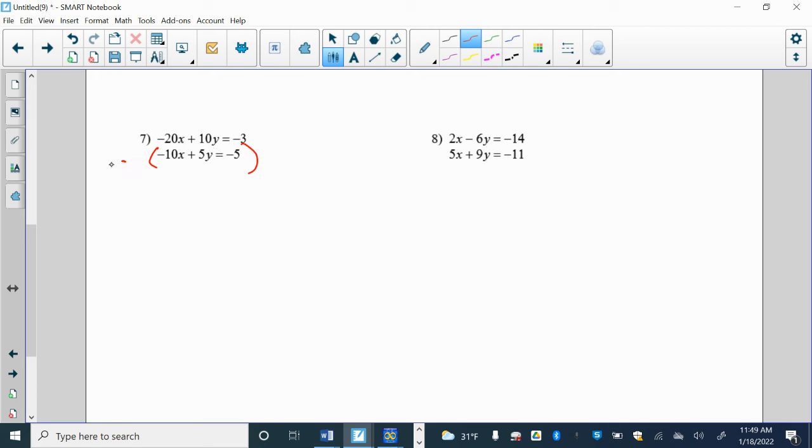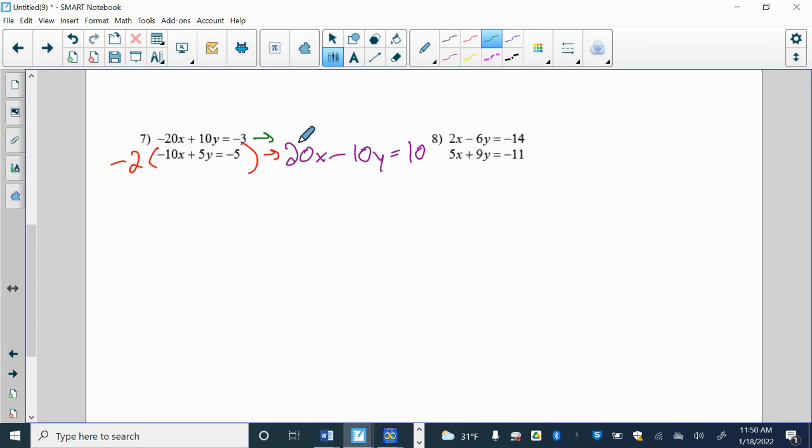Well, we'd have to multiply the bottom by negative 2. Let's multiply everything in the bottom equation by negative 2. So negative 2 times negative 10x, positive 20x. Negative 2 times 5y, minus 10y, equals negative 2 times negative 5, positive 10.